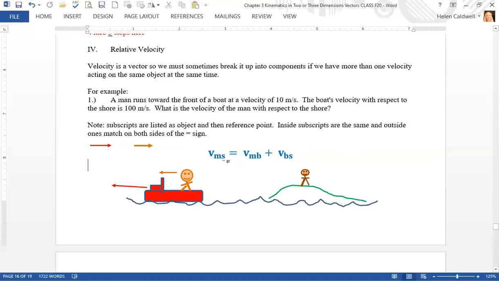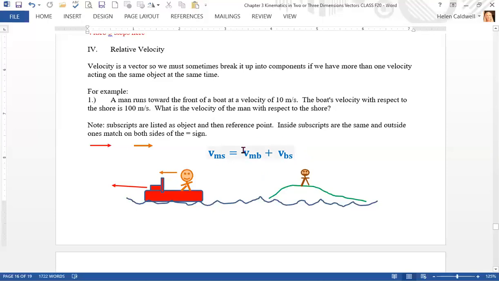So it's always object and then reference frame. The velocity of the man with respect to the shore is equal to the velocity of the man with respect to the boat plus the velocity of the boat with respect to the shore.